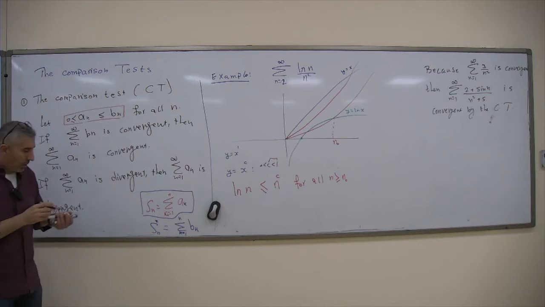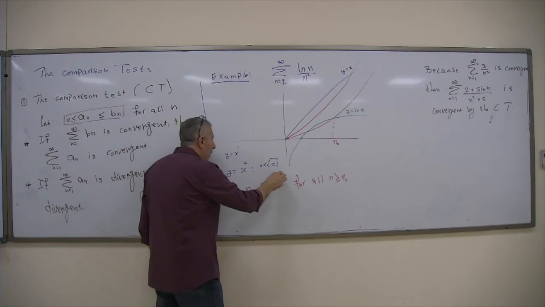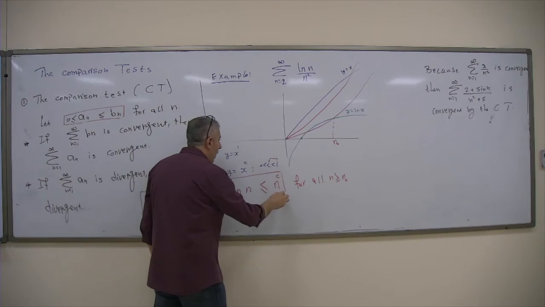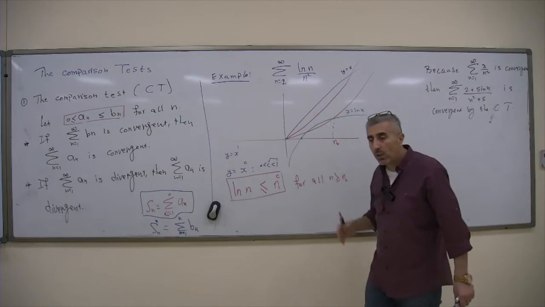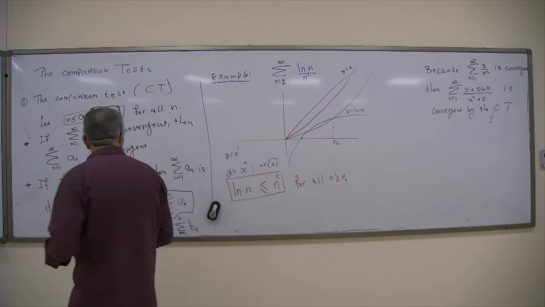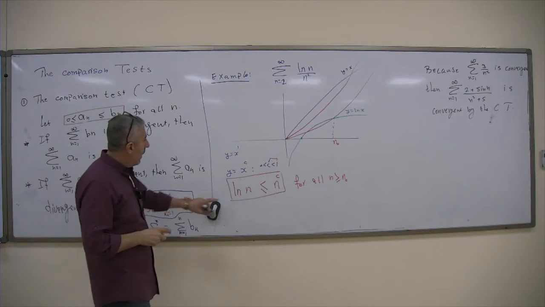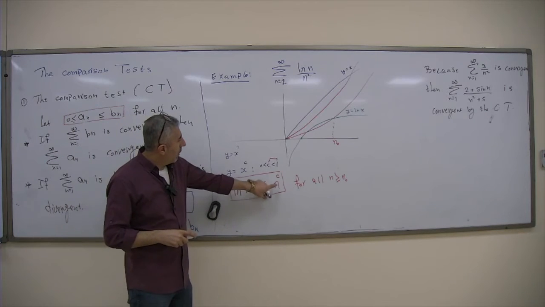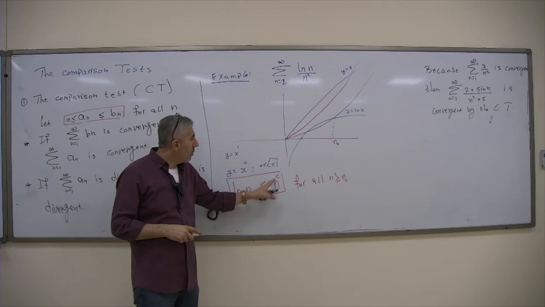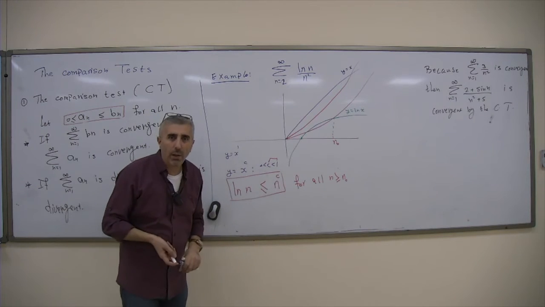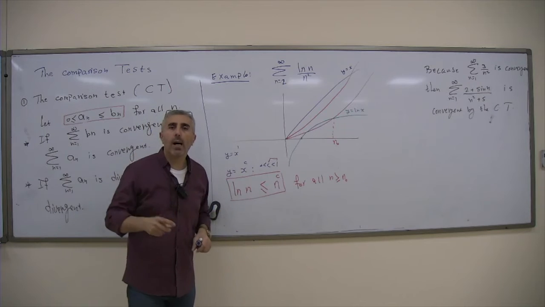Now, you can consider this as a fact. You can use your graphing calculator or any software to graph this and just convince yourself, if it is not clear to you. So here what I am saying is ln n is smaller than or equal to n exponent c, where c is between 0 and 1. You can take c here to be close to 1 if you want to, like 0.9, okay?